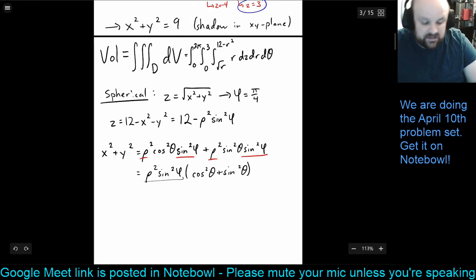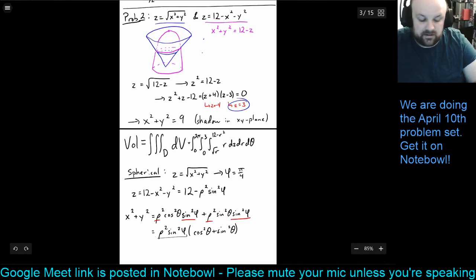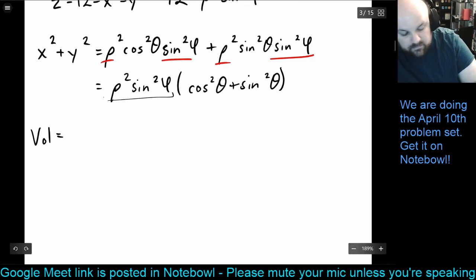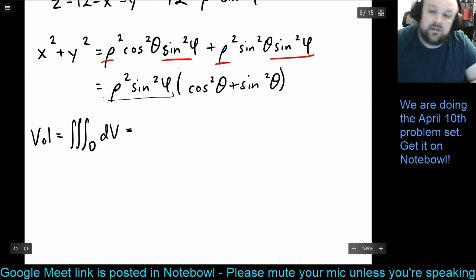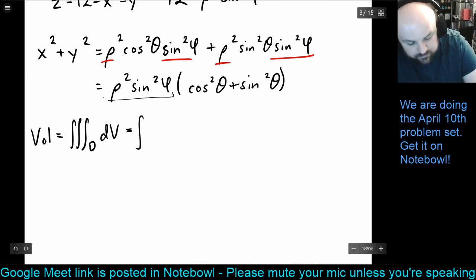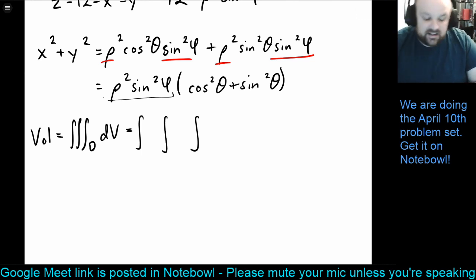So if we want to reintegrate this shape in spherical coordinates, if we wanted to set up the bounds there, the volume is, so we're still looking at the triple integral of dV. So we need to decide on some order of integration here.